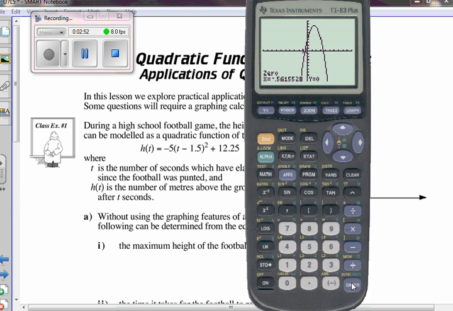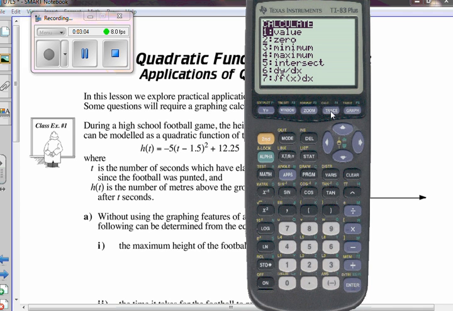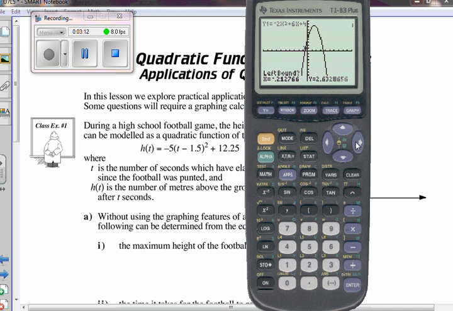So it's on the other side. What button would you have to push first? Second, we're finding the 0. Second trace. What number now? Which one's going to give us the x-intercept? 2, zero. The zeros. And this time we want to go on the other side. Now it says left side of the 0.